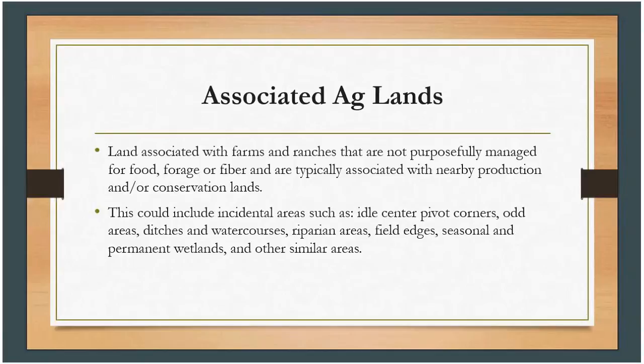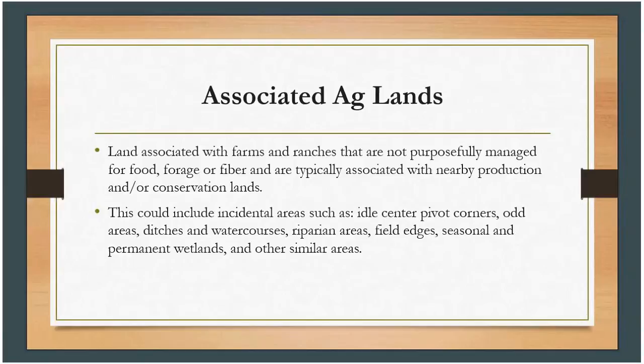Associated ag lands are land that's associated with farms and ranches, but they're not purposefully managed for food, forage, or fiber. So think odd areas. But they are typically associated with and nearby production and or conservation lands.